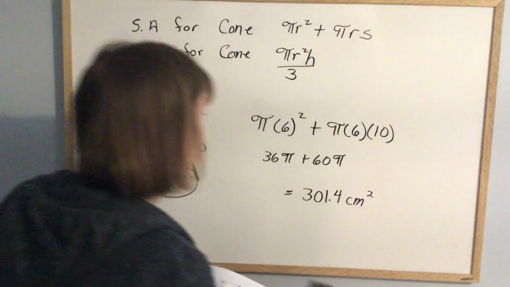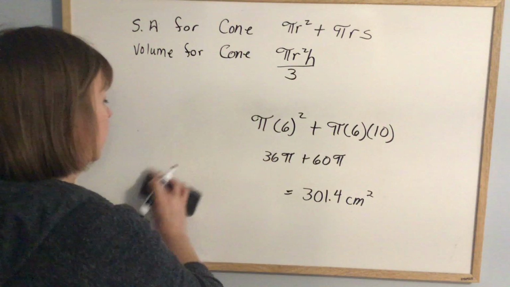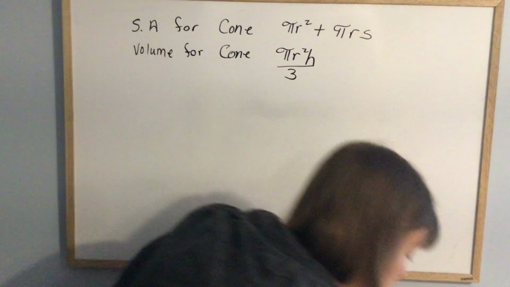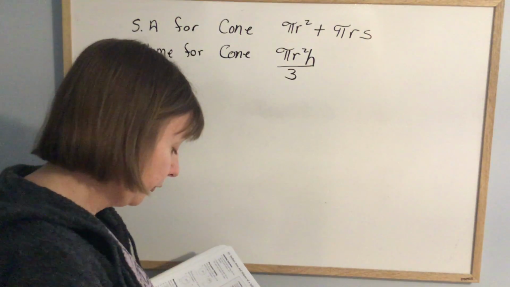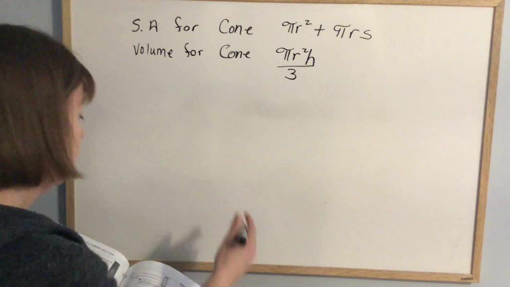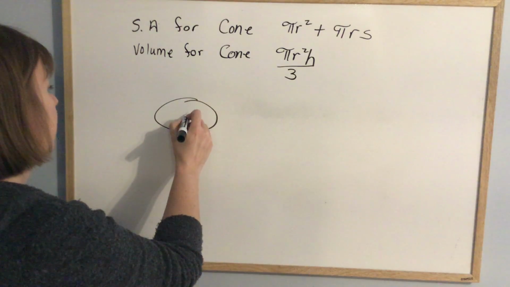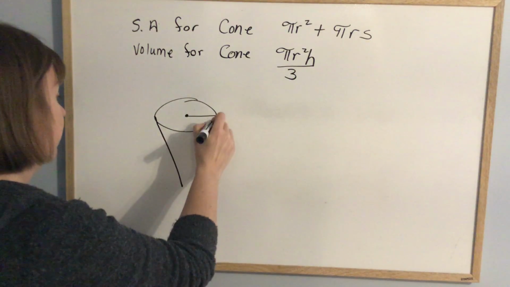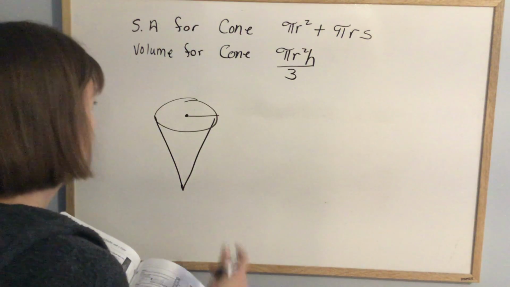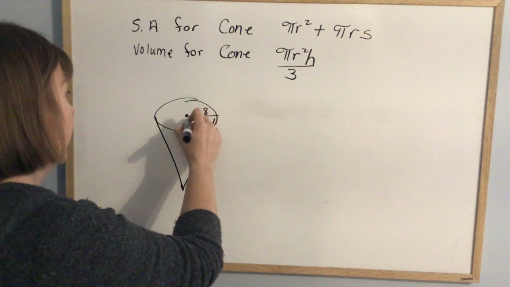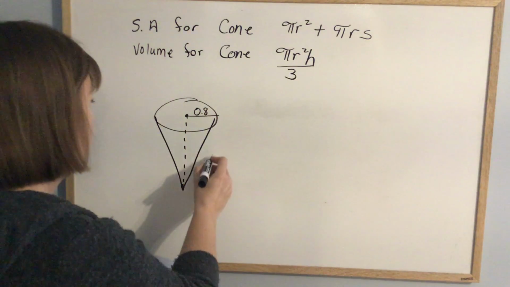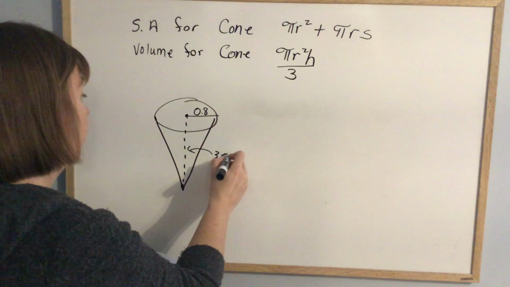Example number 4, last example. Example number 4 says find the volume of this cone, and it actually puts it upside down. That's technically an upside down cone right there. But they tell you that the radius is 0.8, and they tell you that the height is 3.5.